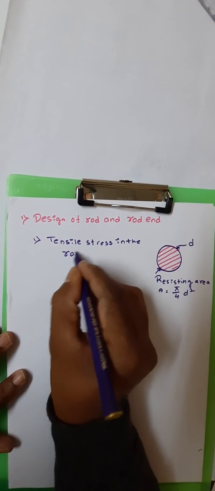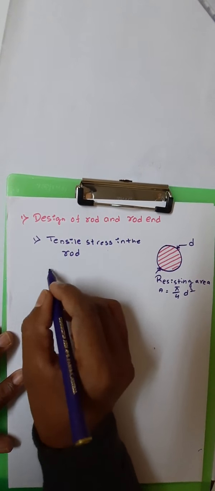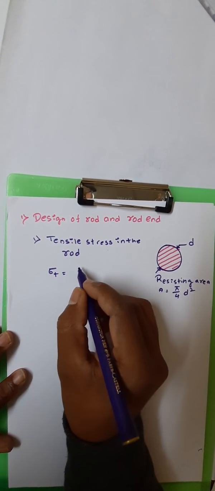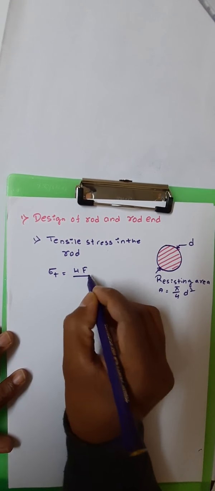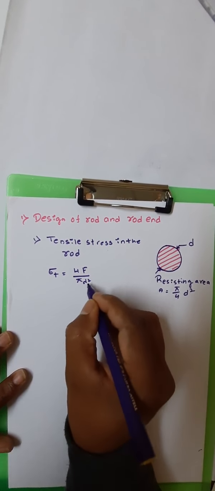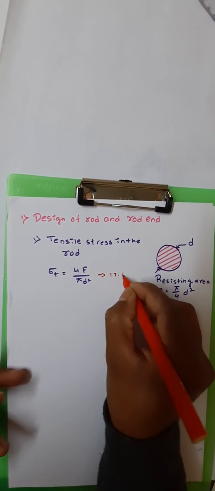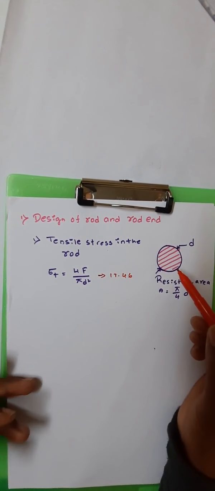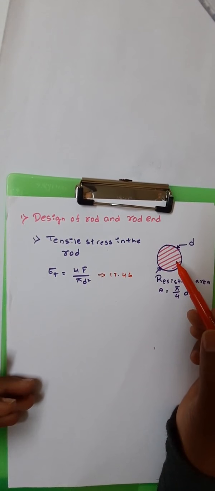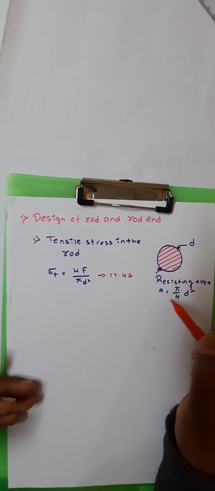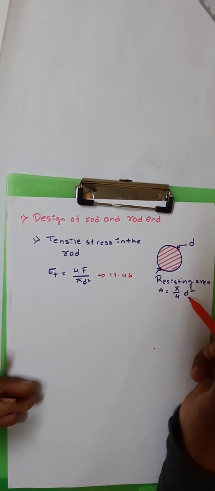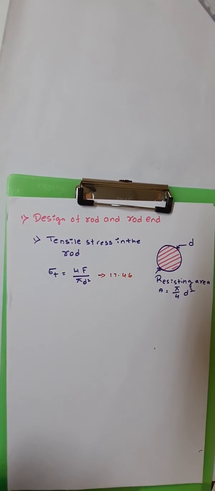The tensile stress in the rod, that is sigma t, is equal to 4F divided by pi d square, equation number 17.46, which is available in the design data handbook. This is the diameter, the design of the rod and rod end. With respect to this, the resisting area is A is equal to pi by 4 d square. With respect to this we can find out this value.